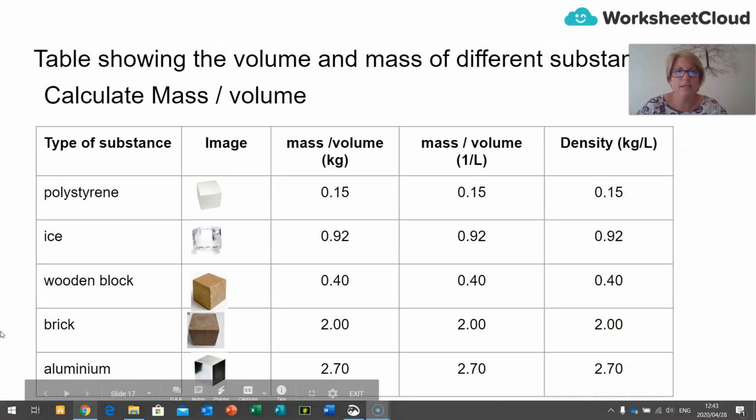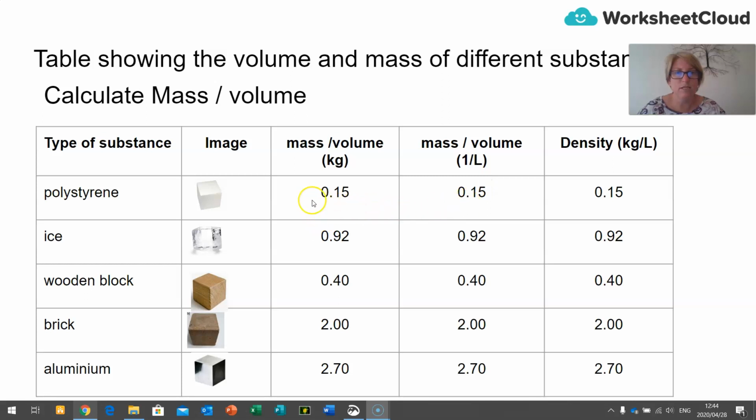Now if we have a look at this table, it shows the equations that we recorded for the substances in each scenario. So here we have our substances, here we have an image, here we have the mass divided by the volume when the volume was 1 liter. Here we have the mass divided by the volume where the mass was kept the same at 1 kilogram.